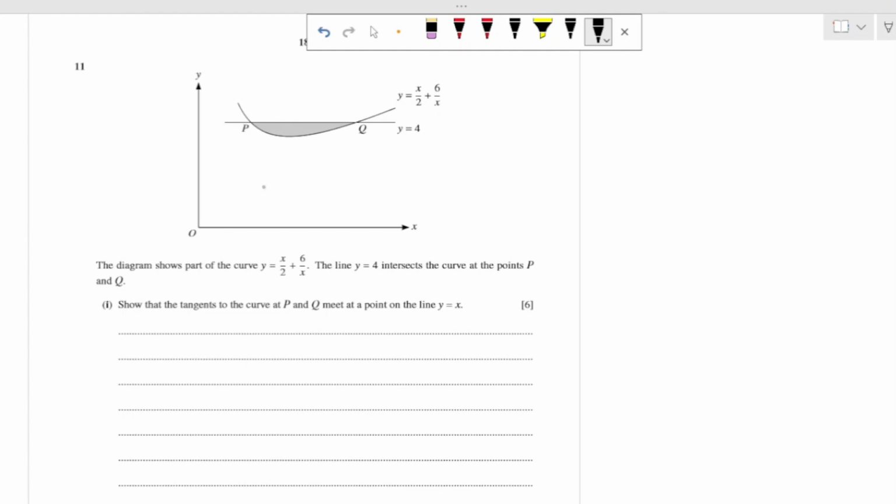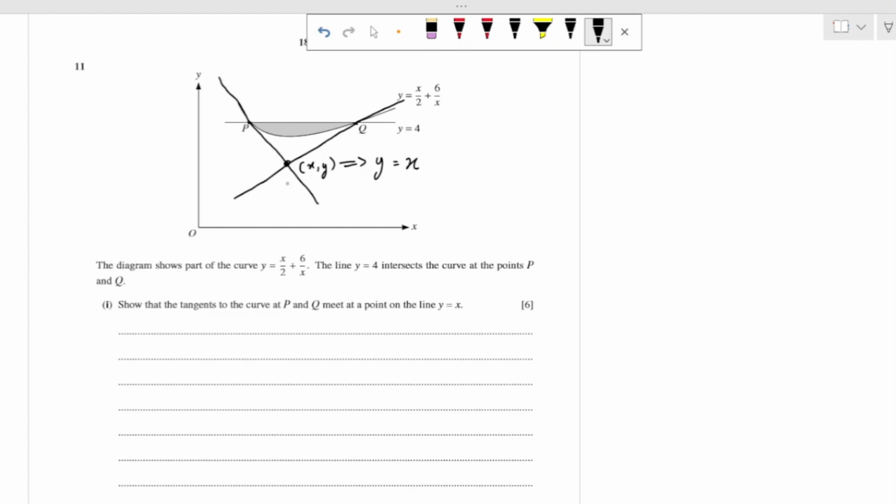So basically what they're saying is that for point P and for point Q, we will have to first of all have some tangent to it. And they're saying that the tangents of these 2 points intersect at such a point that this point lies on the equation y equals x.